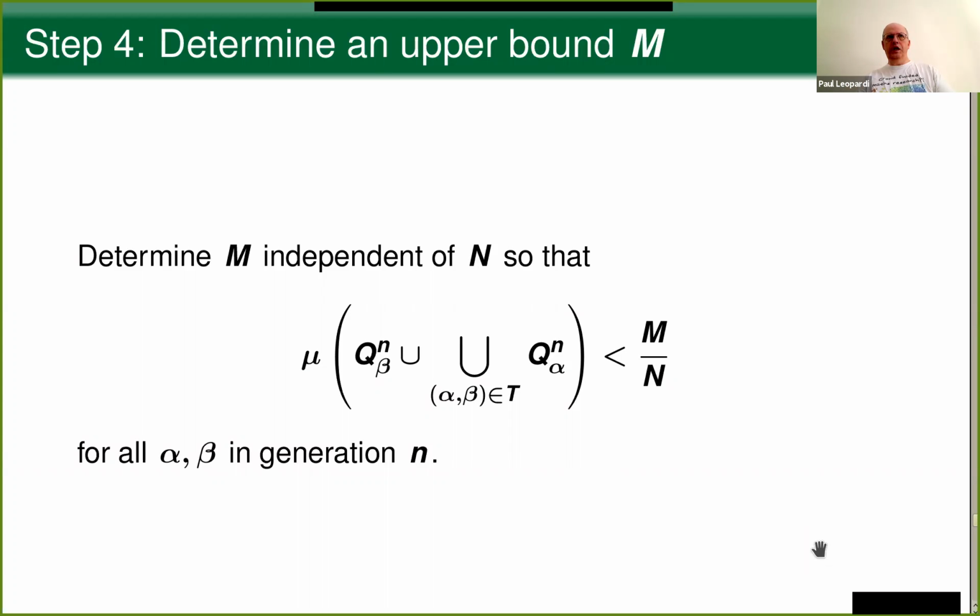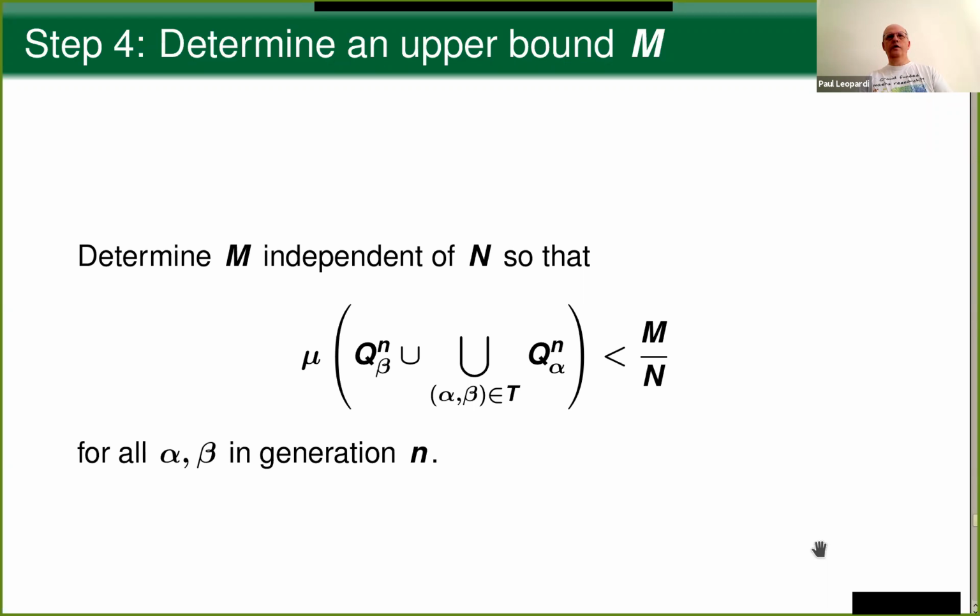We do a little bit of technicality here to determine this upper bound capital M, which is necessary for the proof to go through. Now, what we're talking about there is our cube beta and all of the adjacent cubes, Q_n alpha. The adjacency there is adjacency in the directed tree.